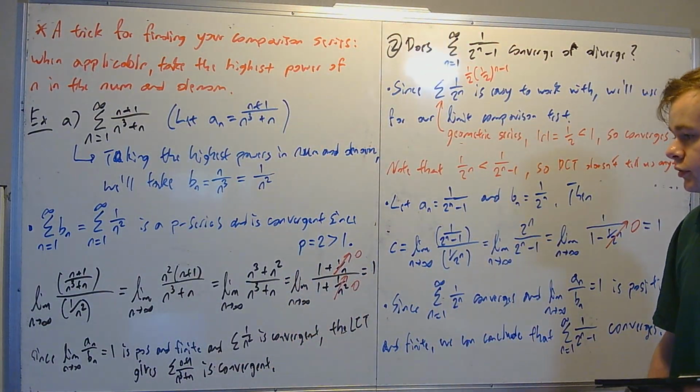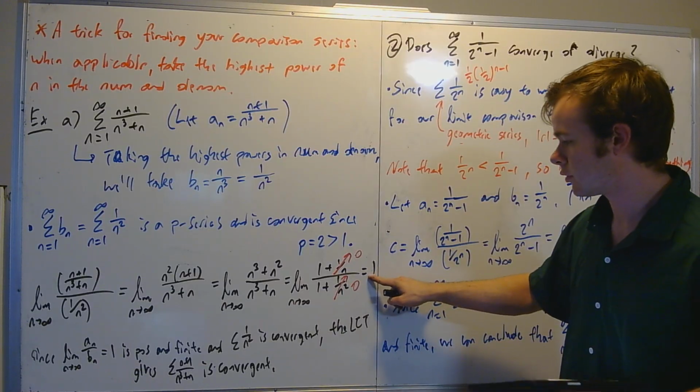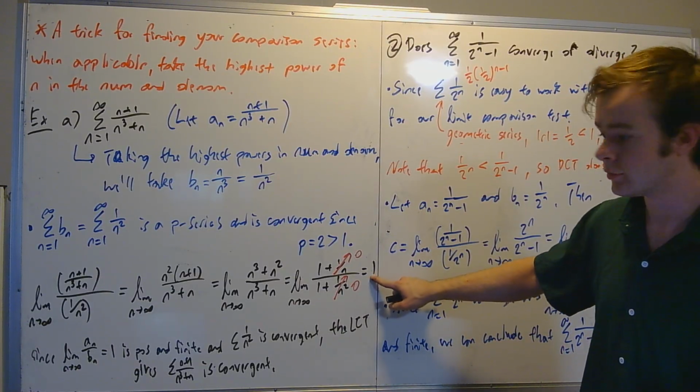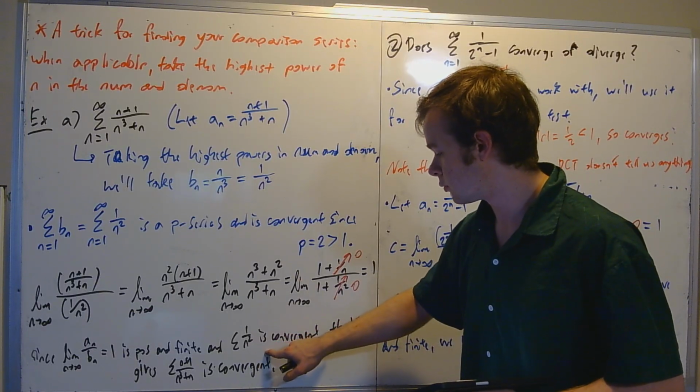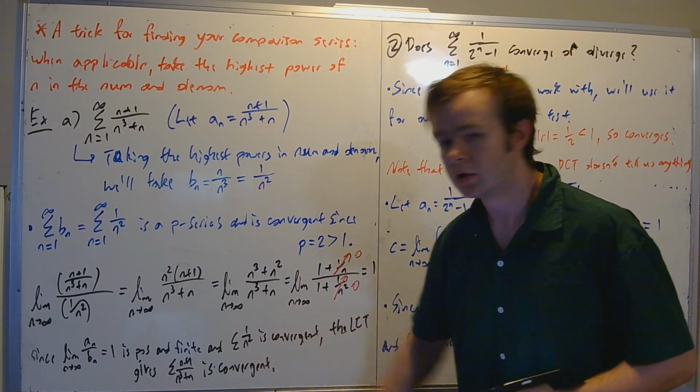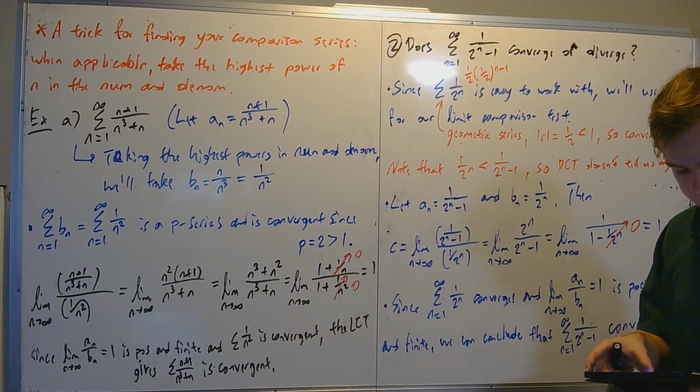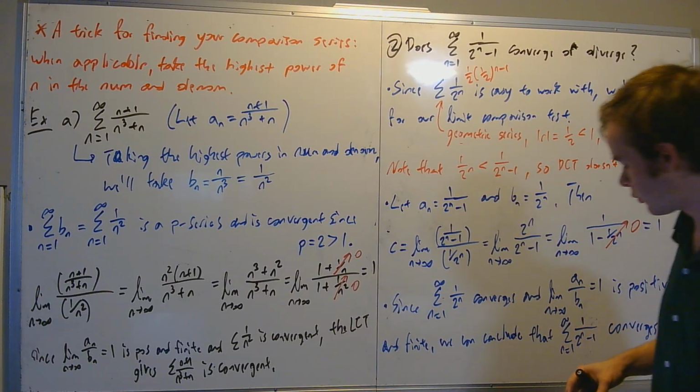Right. So again, we just needed to figure out this constant. Since this is positive and finite, we can use the limit comparison theorem to say, since one of the series is convergent, the other one is also convergent. Okay. Now let's just do one last example here.